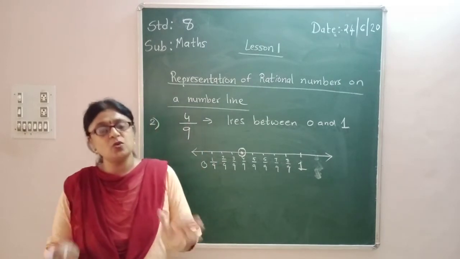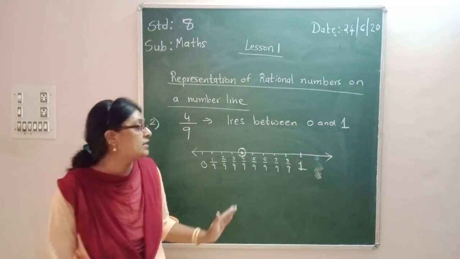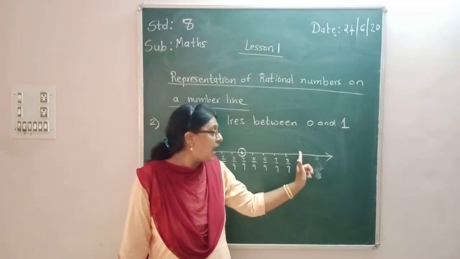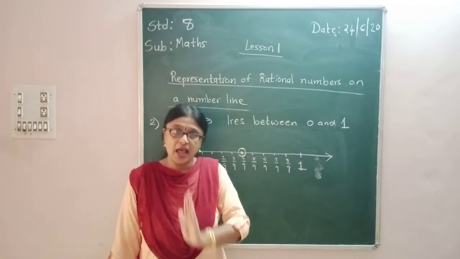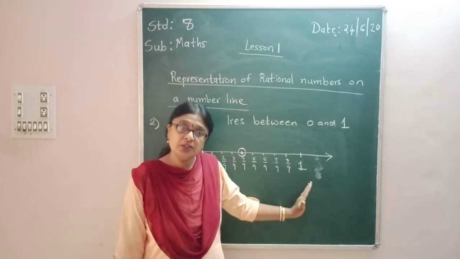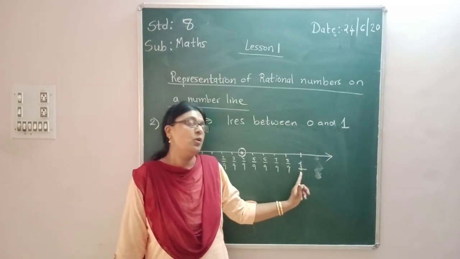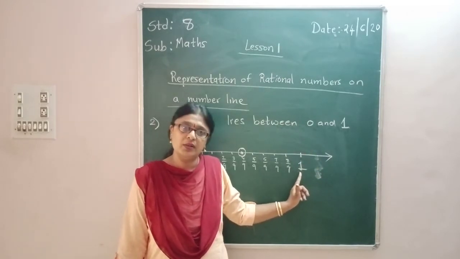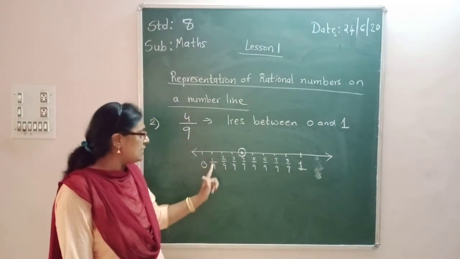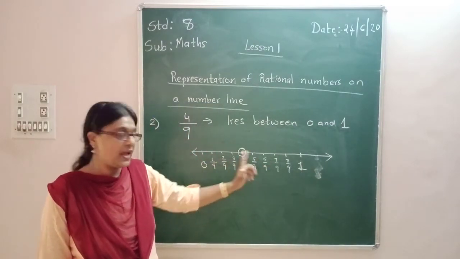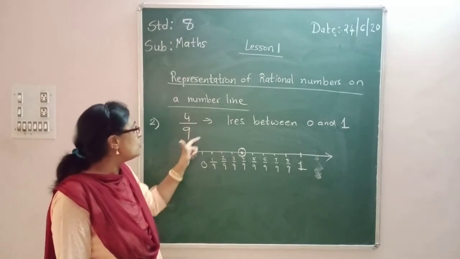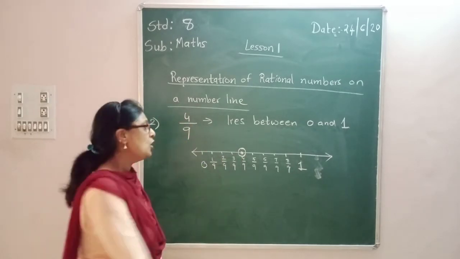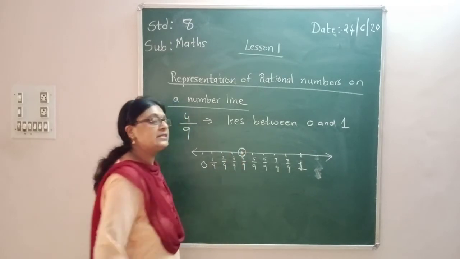If it is 9, you divide into 9 equal parts, provided that the last part is 1. Suppose you divide it into 9 equal parts, then the ninth part will be written as 1, and then each part you name as 1 upon 9, 2 upon 9 and so on. And finally, whichever number is given to you, you put a dot and circle it.